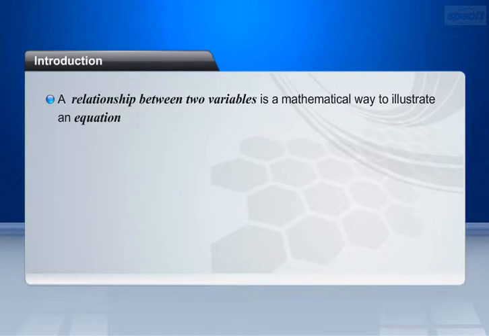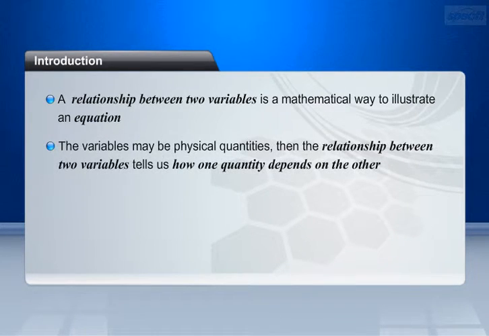Here, we will learn about how the linear relationship will be formed between two linear equations, which are having two variables. A relationship between two variables is a mathematical way to illustrate an equation. The variables may be physical quantities, and then the relationship between two variables tells us how one quantity depends on the other.